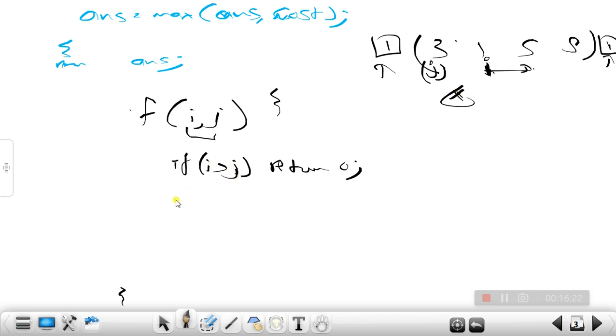Now else, I'm going to start a loop with k equals I, k smaller than or equal to j, and k plus plus. What I can do is simply write that cost value.